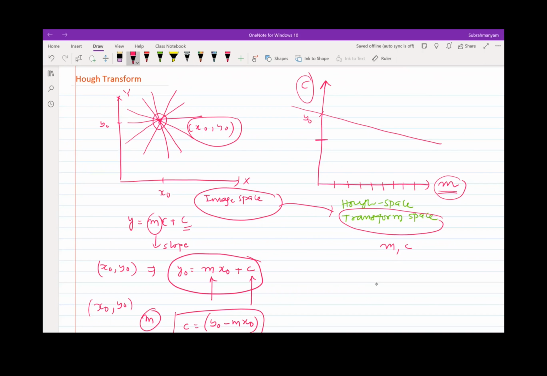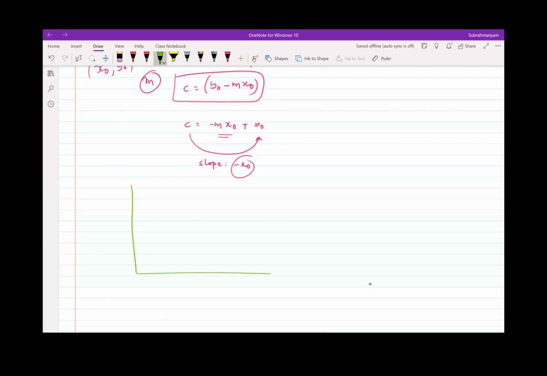Now, what we got so far is, I have one point here, x naught, y naught. Now, there is another point for me, x1 comma y1. This is x and this is y. This is my image space.